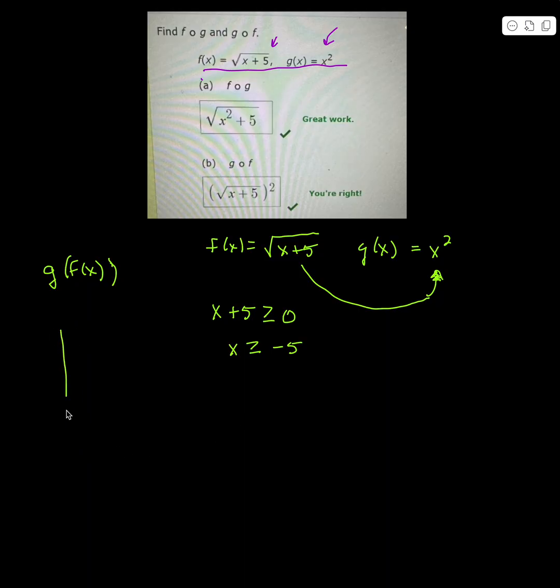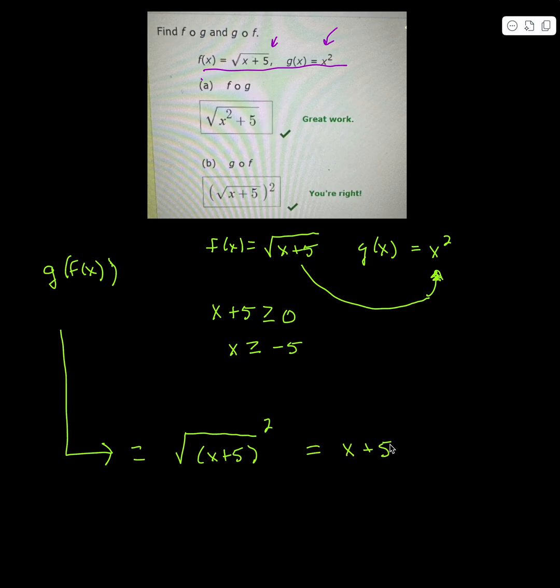So g of f of x would equal the square root of x plus 5, squared. I think I might see your confusion here, because once I square that, the square root goes away, and all we have is x plus 5.